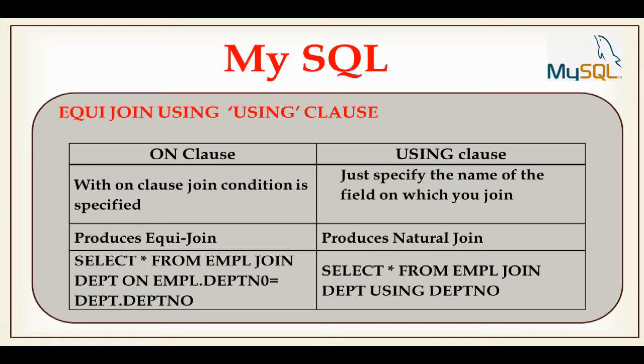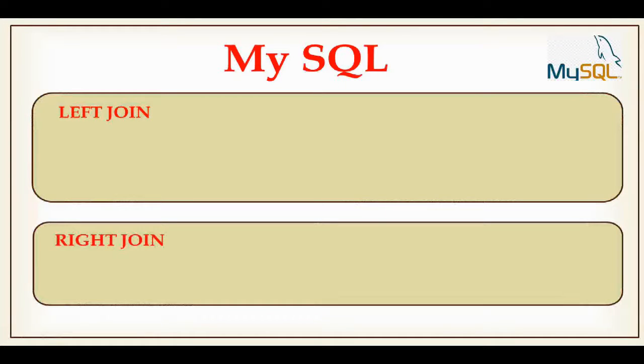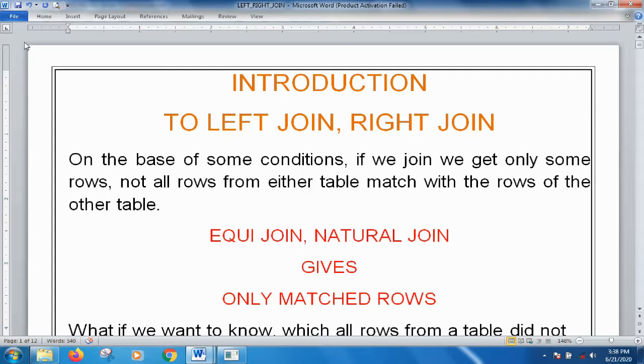Now the next category of joins is the left join and right join. These are also joins which we sometimes use for our SQL queries. Now let us try to understand them in detail. Using the equijoin, when you join the tables based on some condition, you find that only some, not all, of the rows from either table match with the rows of the other table.